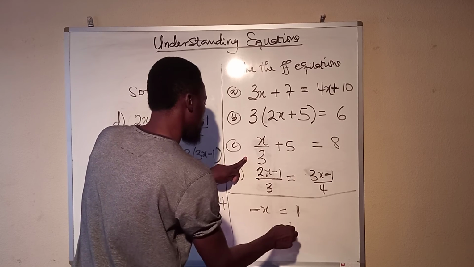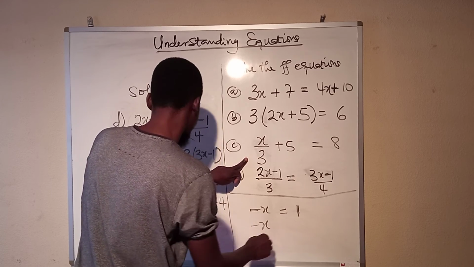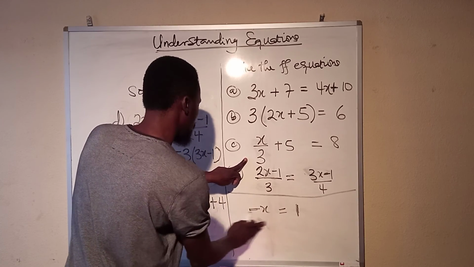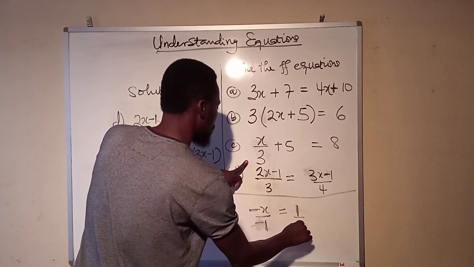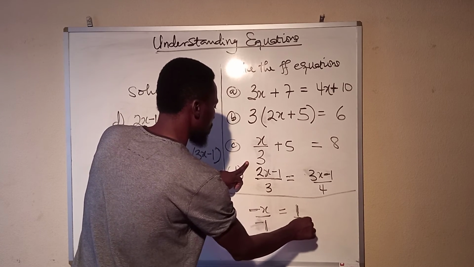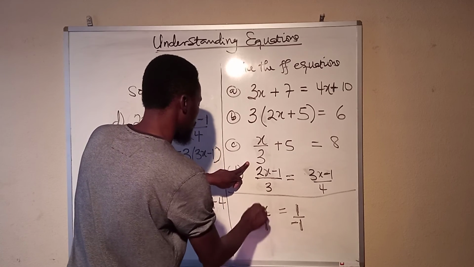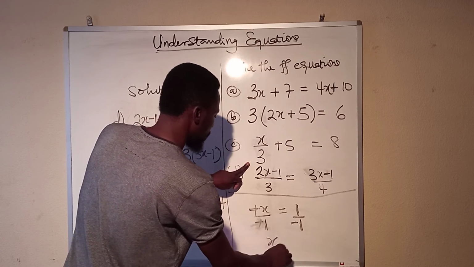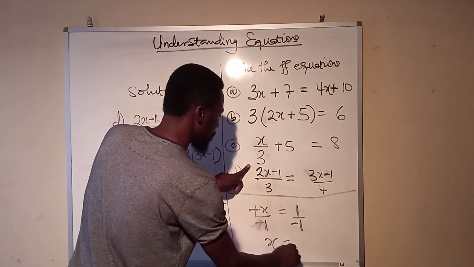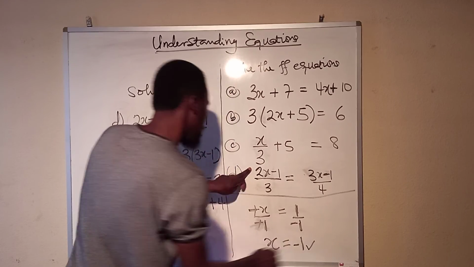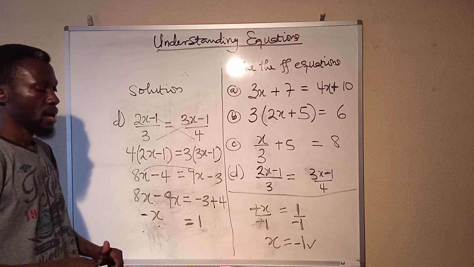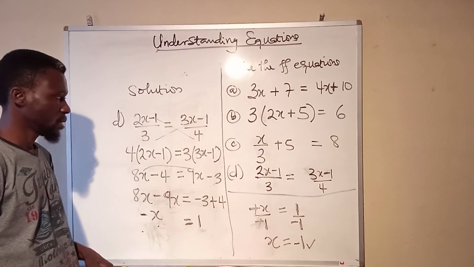And so we are going to divide both sides of the equation by negative 1. So we divide here by negative 1. We divide here also by negative 1. All right. So negative cancels negative. x over 1 will give us x, which is equal to 1 over 1 is 1. And then we put a negative, and that gives us x to be equal to negative 1.